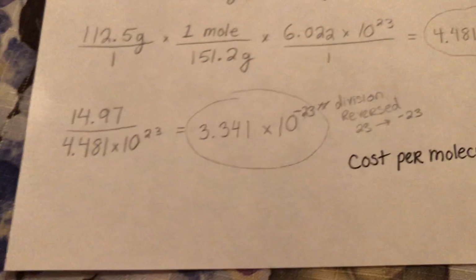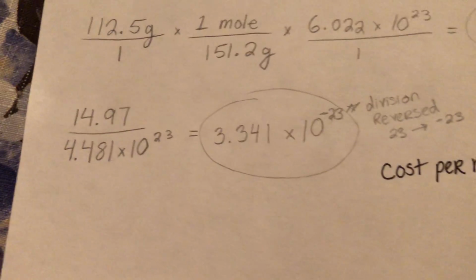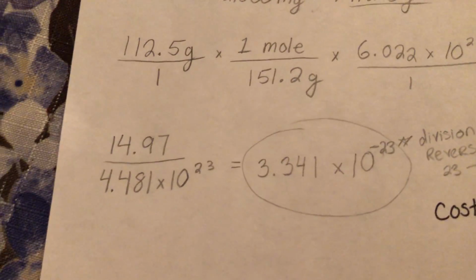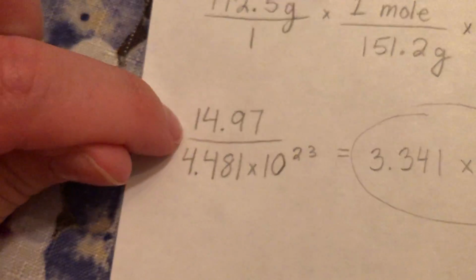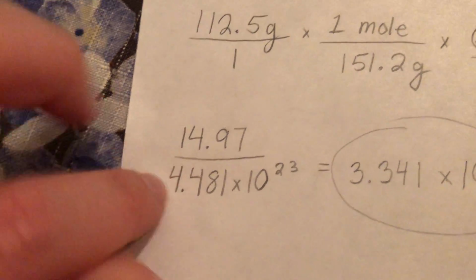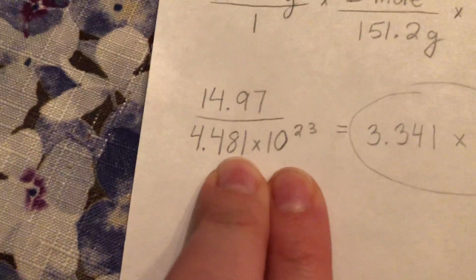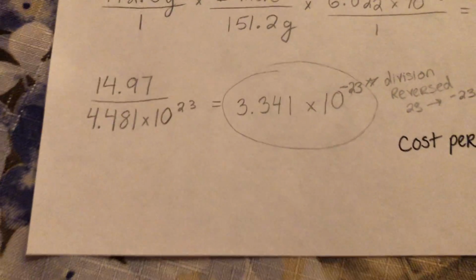So now all you have to do, once you have the number of molecules, is divide to figure out the cost per molecule. That's the number of molecules, that's the cost. So you put it into the calculator.